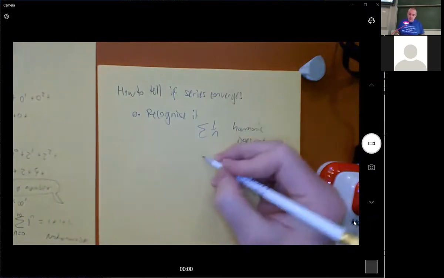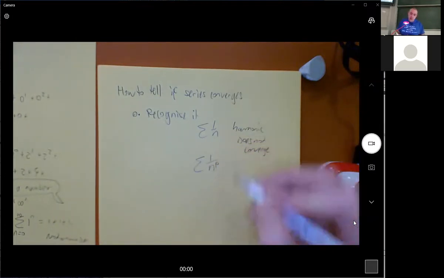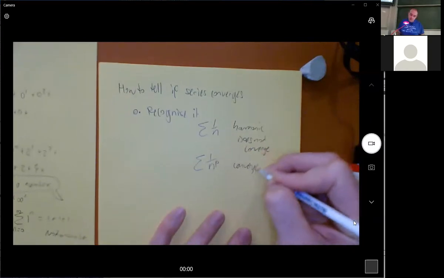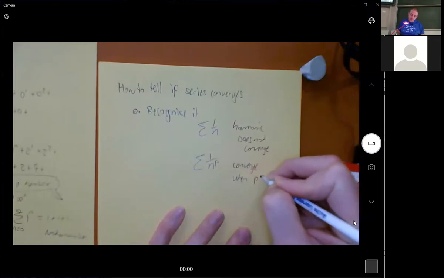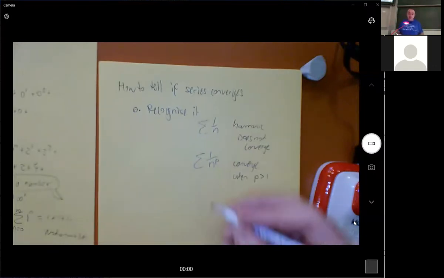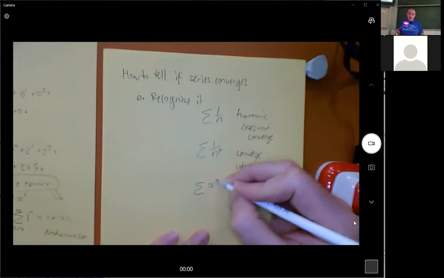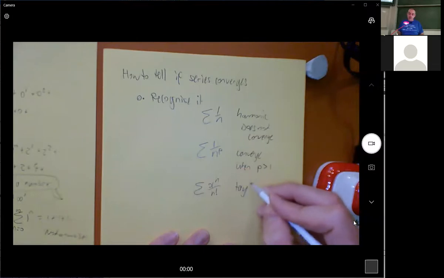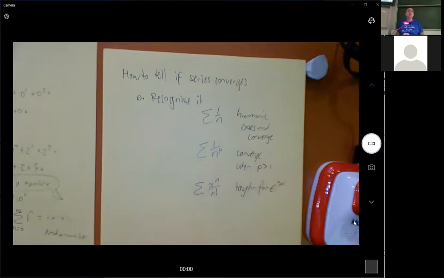You might recognize 1 over n to the p, which is a p series, and it converges when p is greater than 1. Or you might recognize one of the classic Taylor series and go, oh, x to the n over n factorial. It's the Taylor series for e to the x, and that always converges no matter what x is. Sweet.